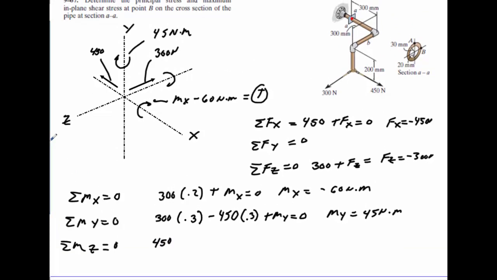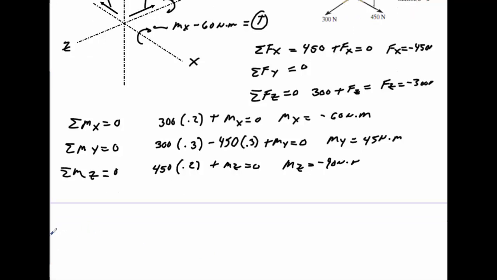The 450 is an x force, so we're looking for a y distance, so it has to be times 0.2, plus the moment that we have at z is equal to 0. When we do this, our moment at z goes to minus 90 newton meters. And we'll label this as 90 newton meters. Alright, so now we have everything we need to do.